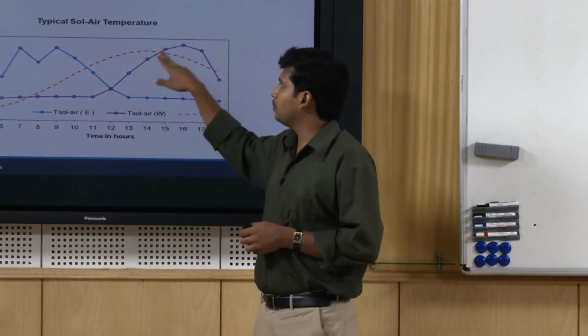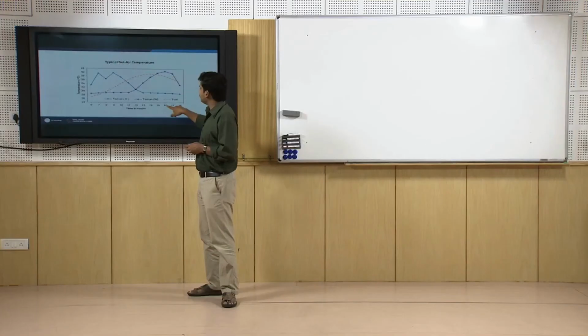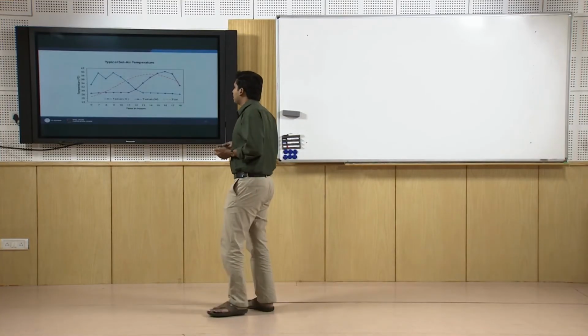Whereas for a west facing wall of a bedroom, the maximum temperature occurs somewhere around 4 to 5 o'clock in the evening, then this will be transmitted in, so you will have a relatively higher inside surface temperature as well as heat gain through that particular wall.